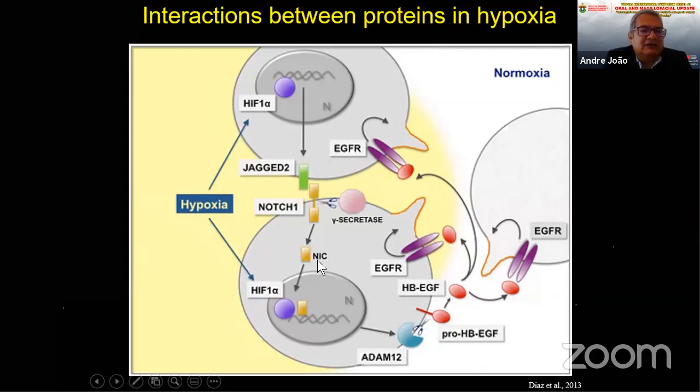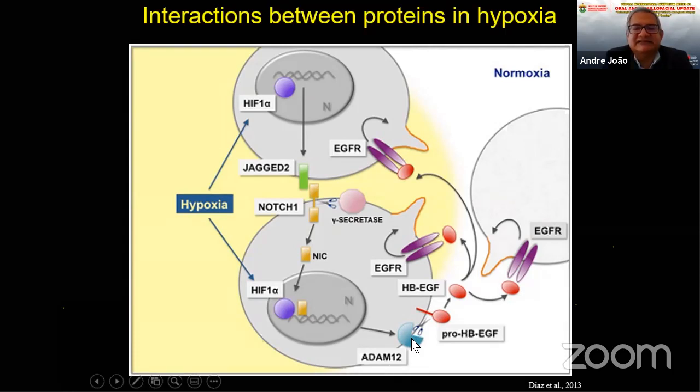When intracytoplasmic NOTCH1 and hyphen alpha go to the nucleus, by transcription we have a signal for more expression of ADAM12.